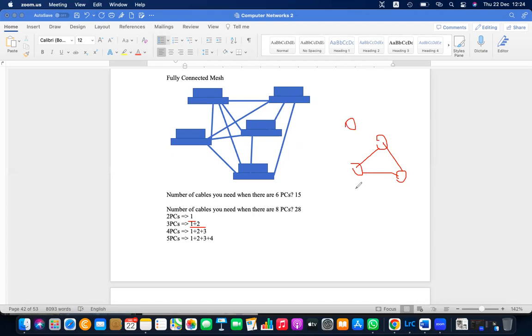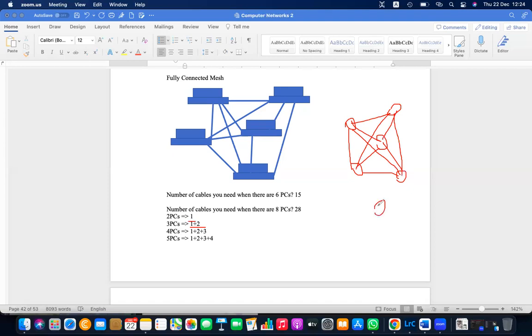With 4 PCs, 1 plus 2 plus 3, because 1, 2, 3 more are required. That is 6 lines. With 5 PCs, 1 plus 2 plus 3 plus 4. Why? Because 4 more are needed.